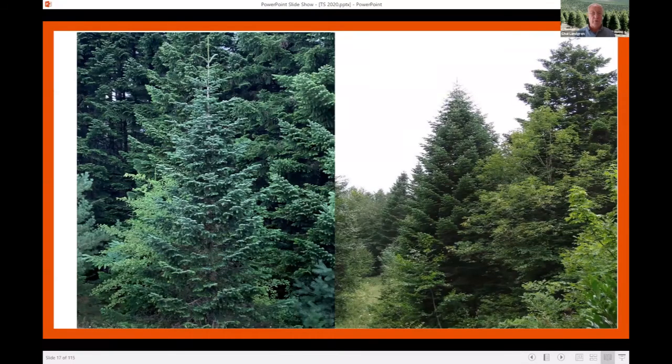Just a sense of what we're looking for in the kinds of trees if we're doing individual collections. These are some examples of trees that we identified when we were over there that we want to go back to, hoping that there'll be some seed to collect this next fall. So, keep waiting. It's an ongoing project.